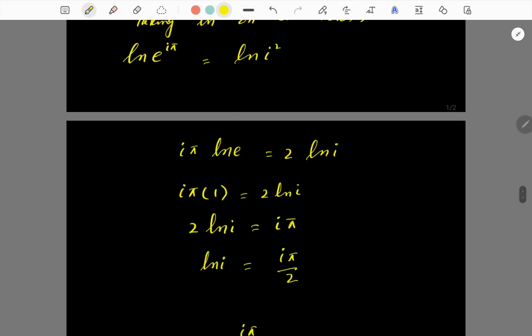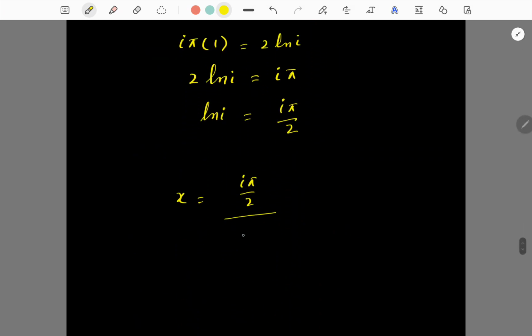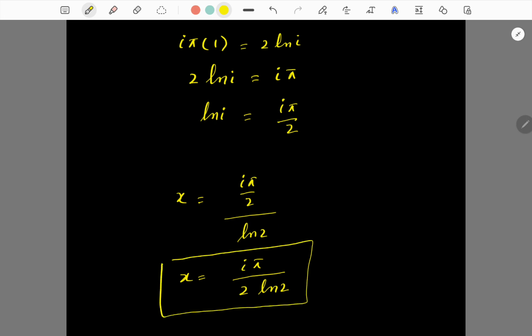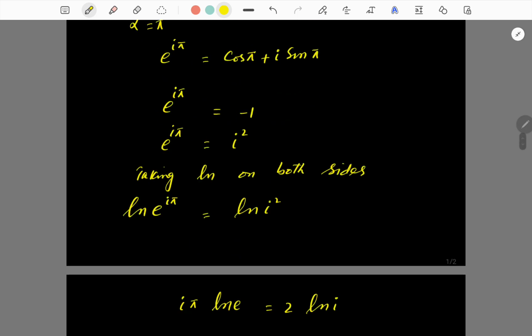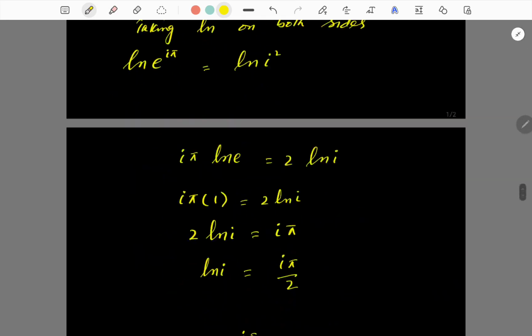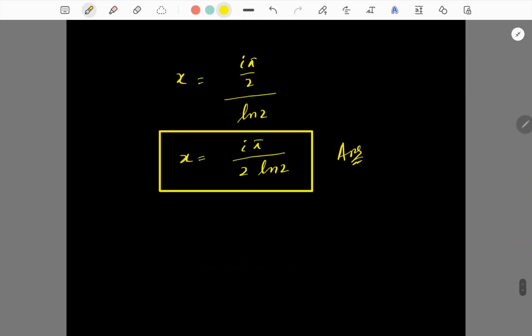So we can write it as x is equal to iota pi divided by 2 natural log of 2. Which is the required answer of this equation. This is the answer of the given equation 2 power x is equal to iota.